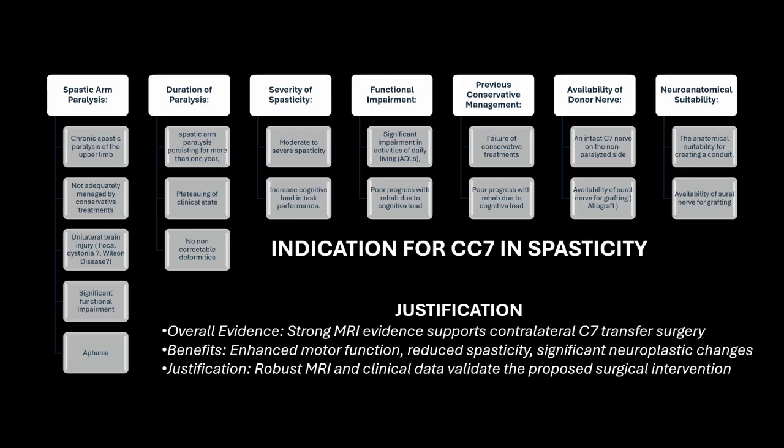And I would add, if there is significant aphasia, in conjunction with the speech therapist, to see whether neurectomy of the C7 on the affected side and the contralateral C7 transferred from the normal side would improve aphasia, as we have a case where we can see there is a slight improvement.